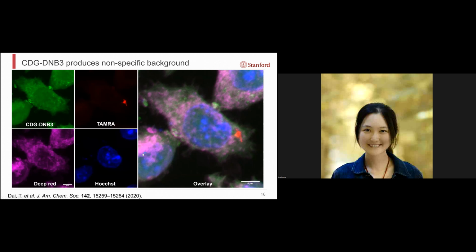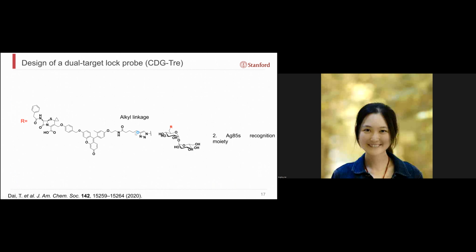So this probe is not ideal, and we sought to further improve this design strategy by changing the second targeting group using trehalose, because we saw that by further tuning the hydrophobicity and hydrophilicity of the probe, we could achieve a better targeting ability of the intracellular pathogen.